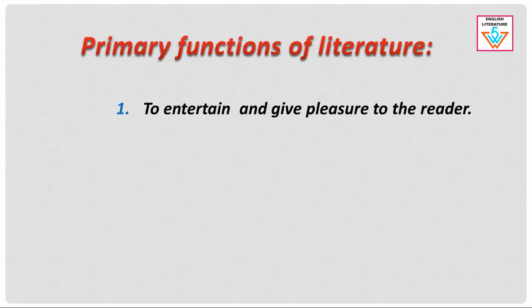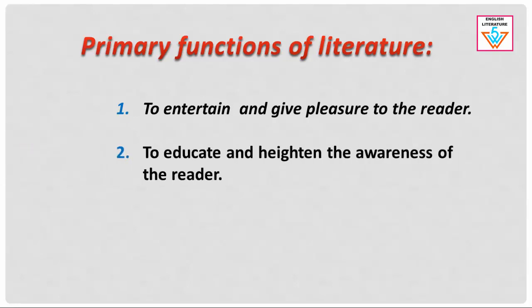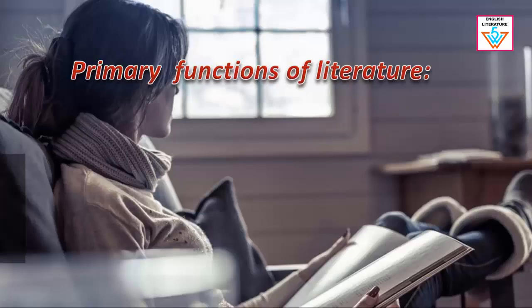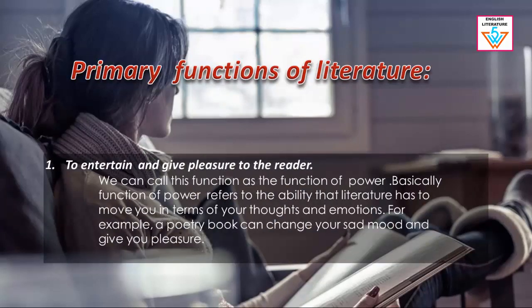Primary functions of literature are: number 1, to entertain and give pleasure to the reader. Number 2, to educate and heighten the awareness of the reader. First primary function of literature is to entertain and give pleasure to the reader.